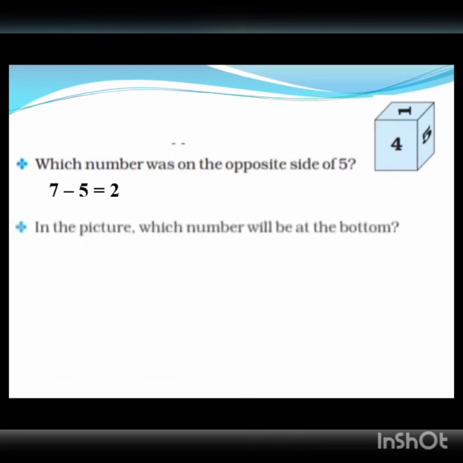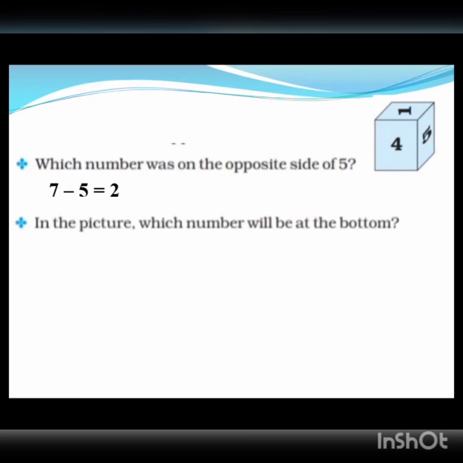Next, in the picture, which number will be at the bottom? We have 1 on the top, and you know bottom is the opposite face of the top. So our answer will be, yes, 7 minus 1, that means number 6.